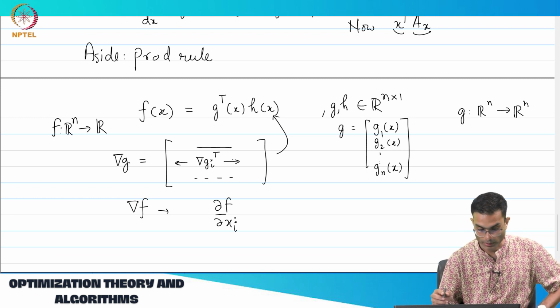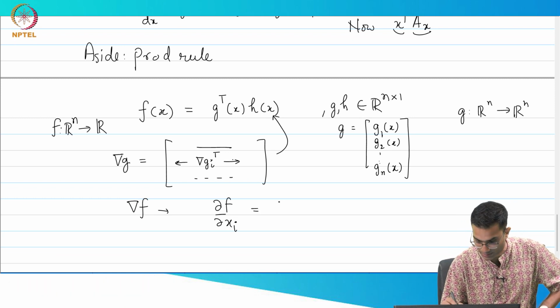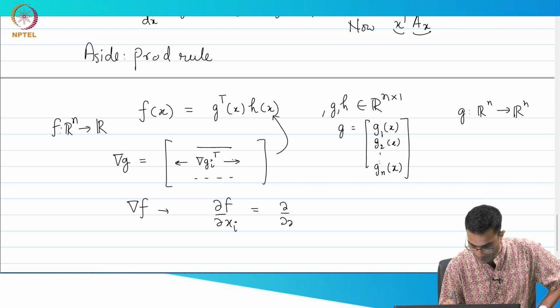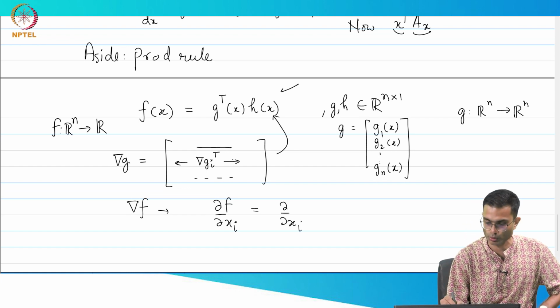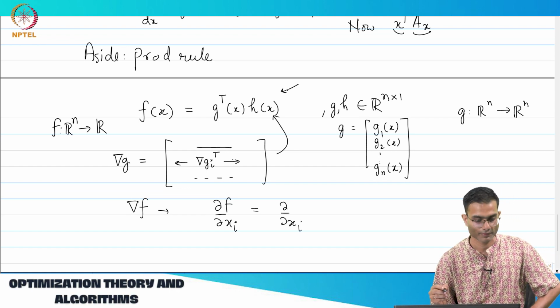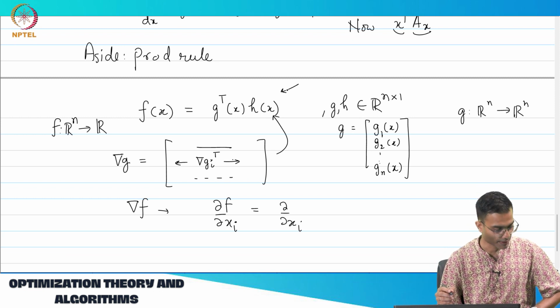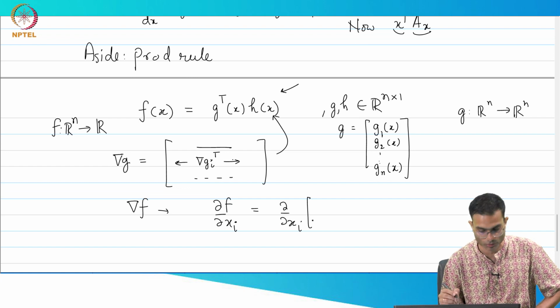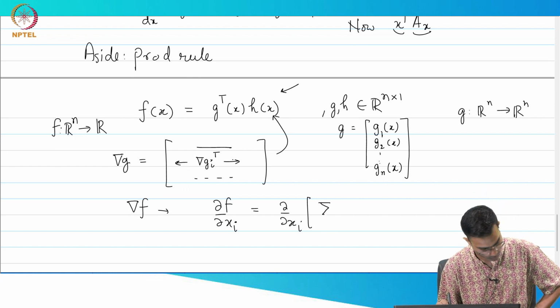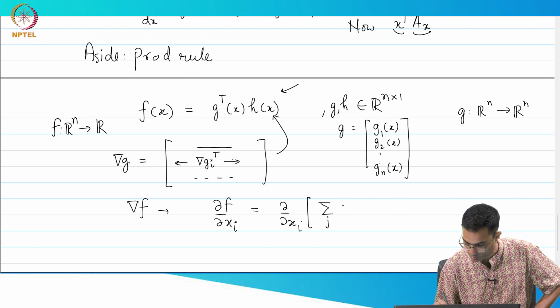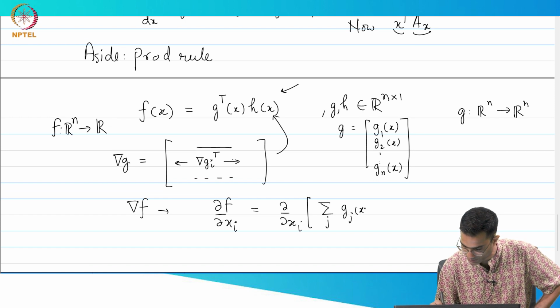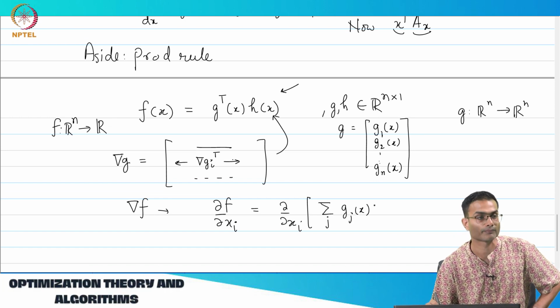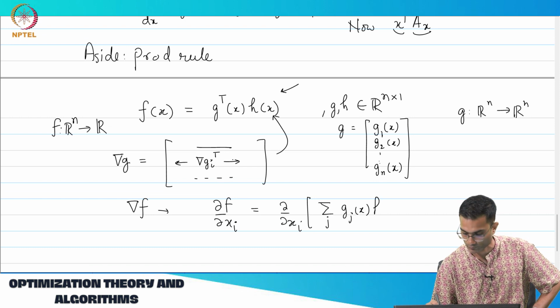So, let us write this out over here. df by dxi. I am just going to look at the definition of f. So, it is G transpose multiplied by H. So, this is going to be a summation of Gj of x multiplied by Hj of x.